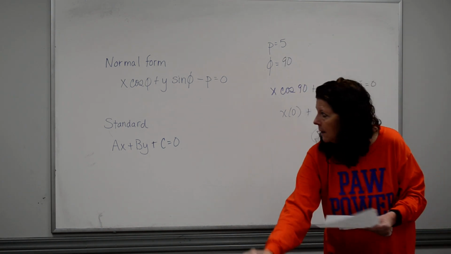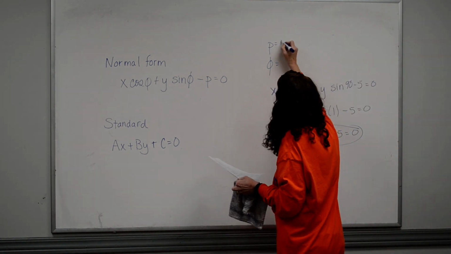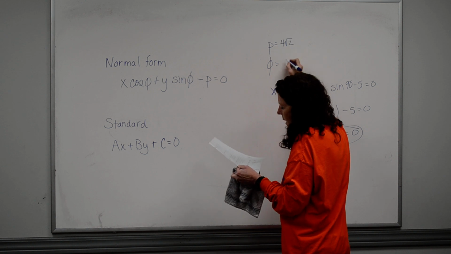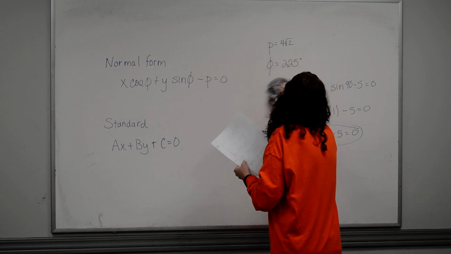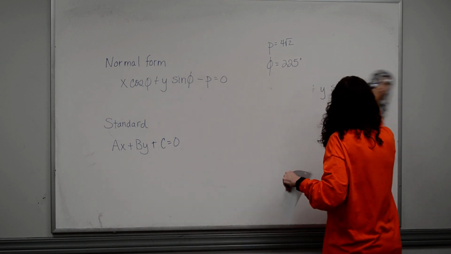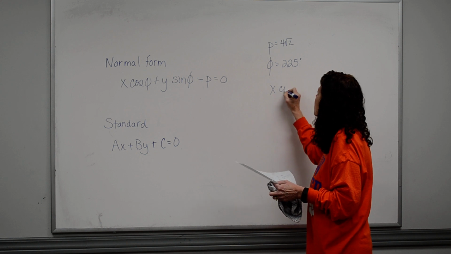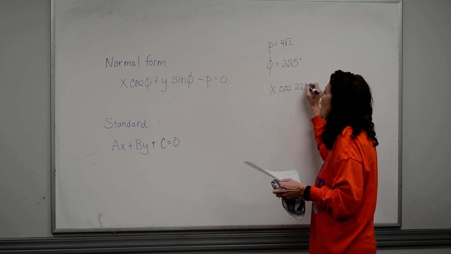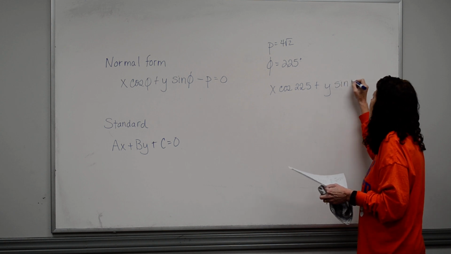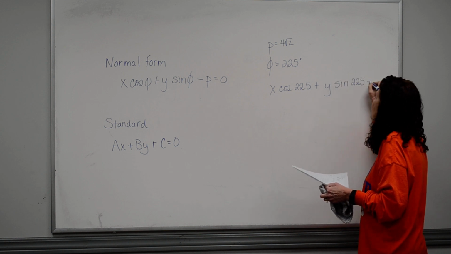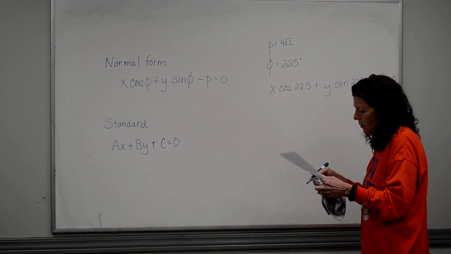If you look at 43, the only thing that changes are these two things. You have 4 over the square root of 2, and you have 225 degrees. So, my conversion is simply x times the cosine at 225 plus y times the sine at 225 minus 4 over the square root of 2 equals 0.